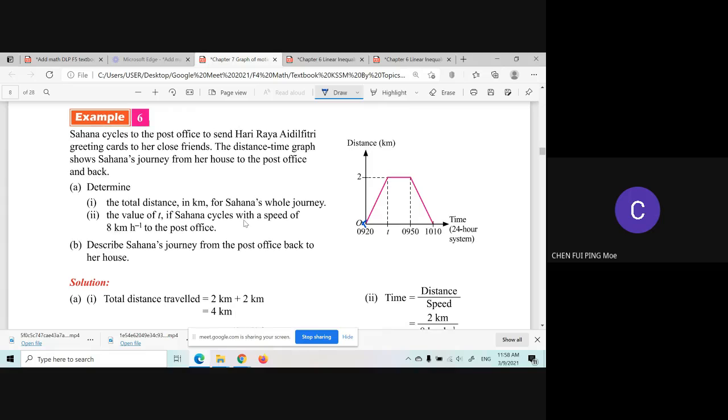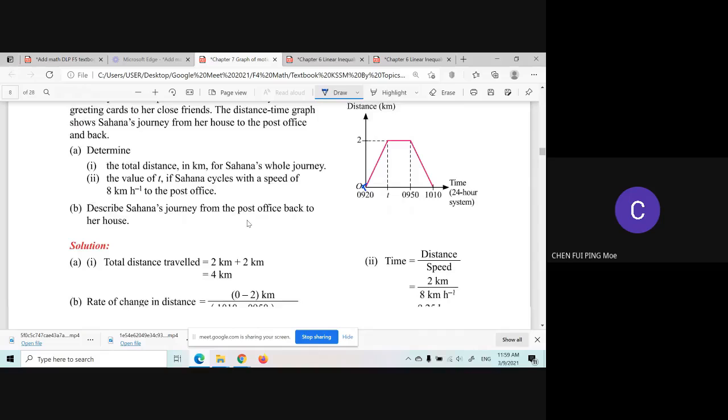After that, you will notice the negative, right? Negative means they return back. So this one is 2 km, plus this one is stop, and then plus another 2 km. So we have 4 km. This one is going, this one is back. So from here maybe is her house, go to the post office, something like that.